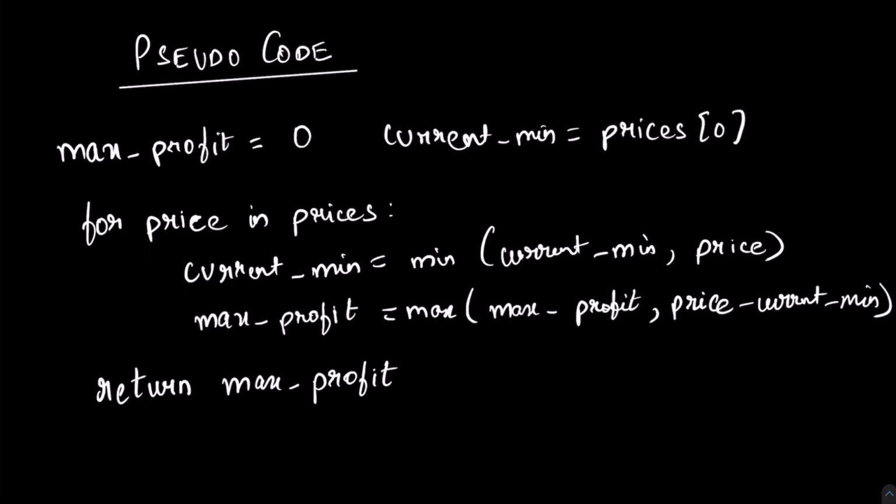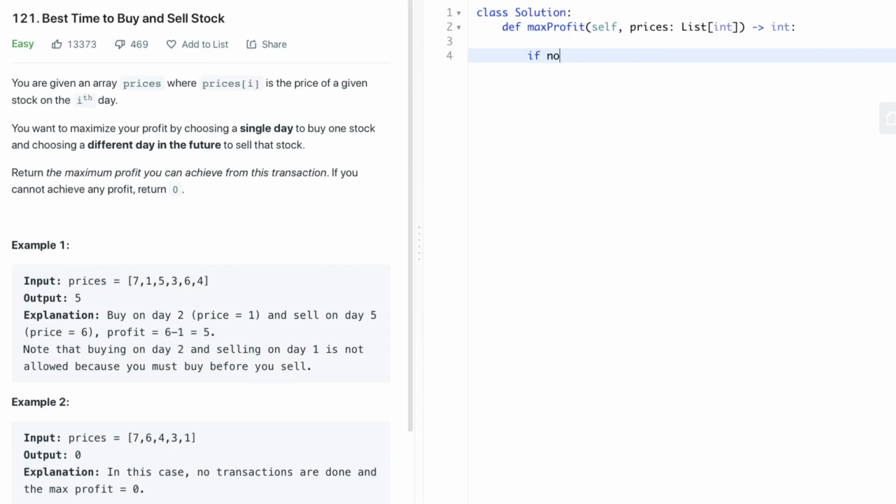I think this should work as expected with a time complexity of big O of n and a space complexity of big O of 1. Let's go ahead and implement this on Leetcode. We can first handle the edge case where prices is empty. We can just return 0. Initialize our variables, max profit, current min.